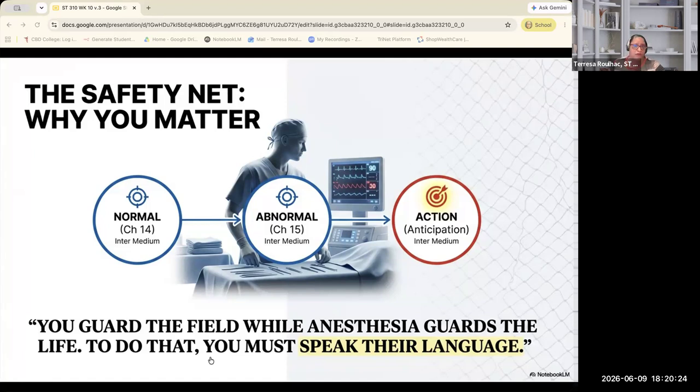While anesthesia is focusing on monitoring and managing the patient's physiological status, we are focused on maintaining the sterile field, supporting the surgeon, and anticipating what the team needs. One thing that you're going to hear me talk about often is anticipation. The best CSTs aren't just reacting to what's happening, we're already thinking ahead.